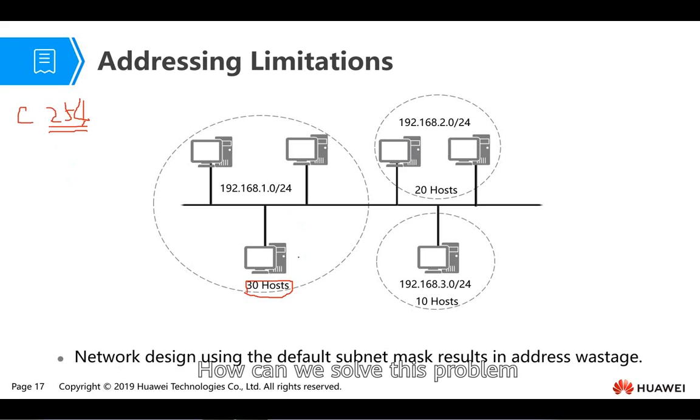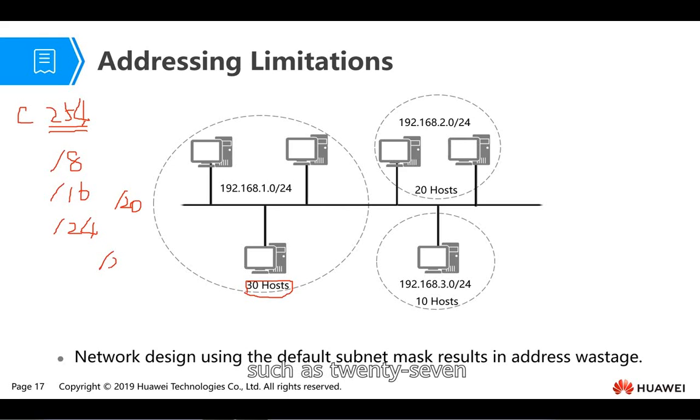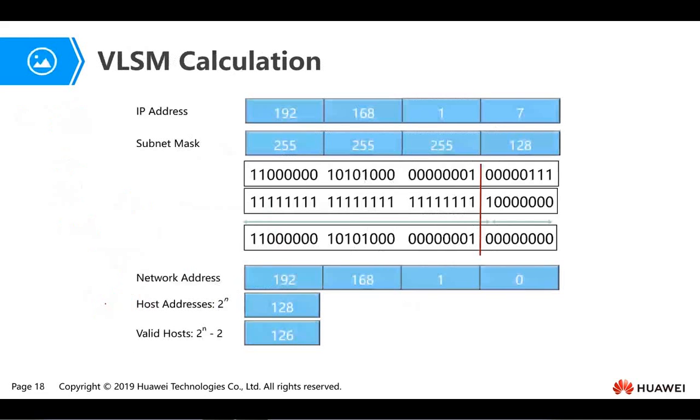So how can we solve this problem? We have used the mask of 8, the mask of 16, the mask of 24. Can we use other masks such as 20, 27, 28 and so on? This is the question.